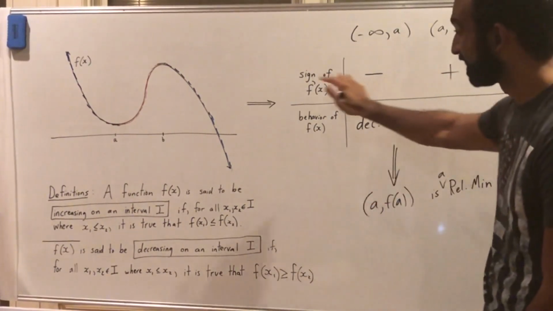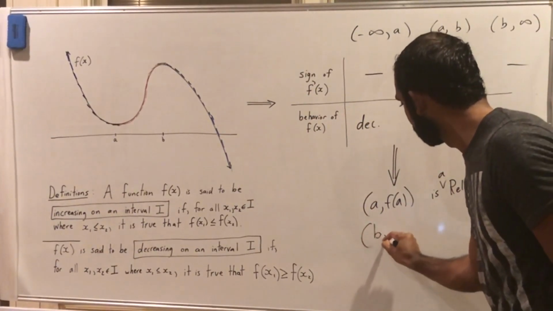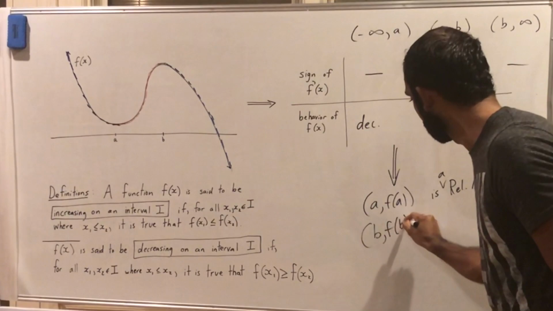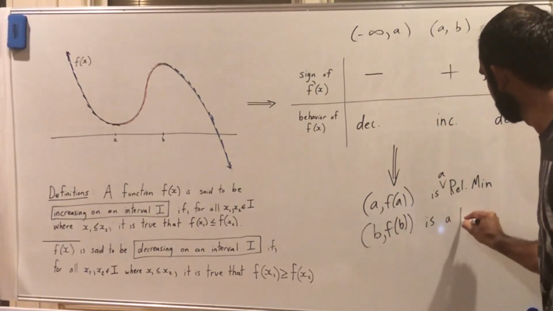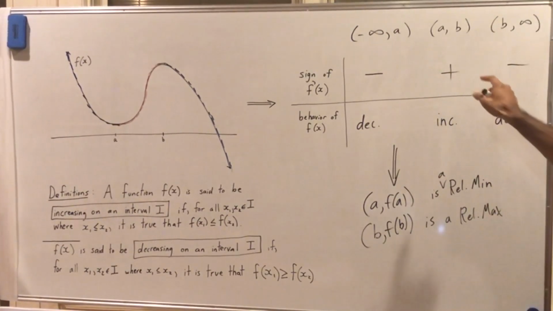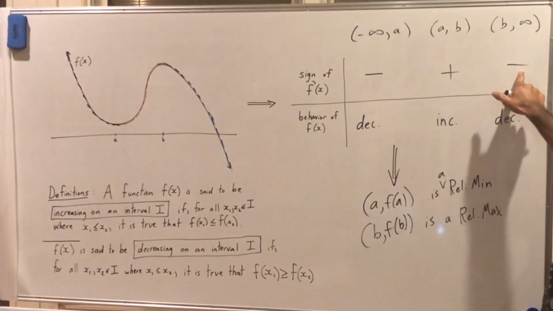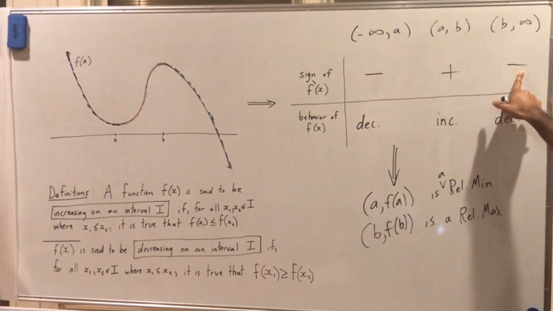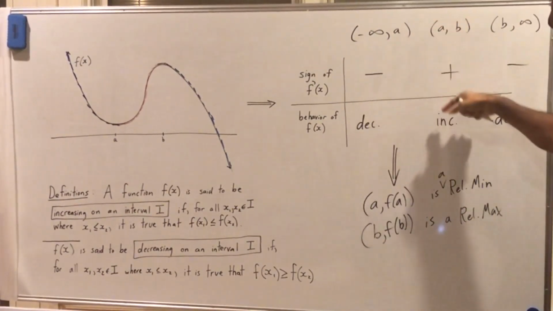Again, if you just knew this chart and didn't have that picture, you could still conclude this. You could also conclude that f of B is what? A relative maximum, for the reason that it transitions from being positive sloped immediately to the left to negative sloped immediately to the right. And broader, it's decreasing, increasing, and decreasing on these intervals.